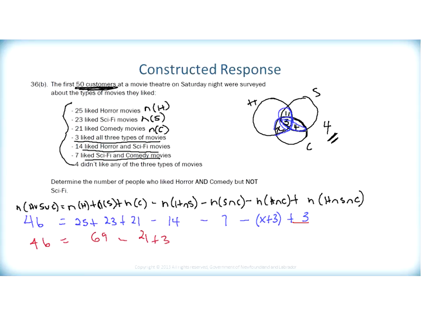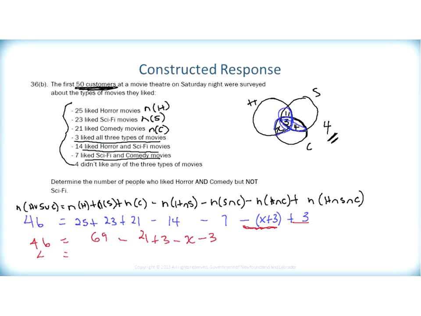This is the key right here. You're subtracting all of this, so that's going to be subtract X, subtract 3. You're subtracting all of it, and when you subtract a positive, you're subtracting a positive number. So let's have a look. That's a common error right there.